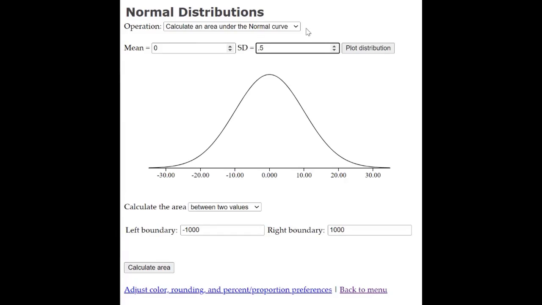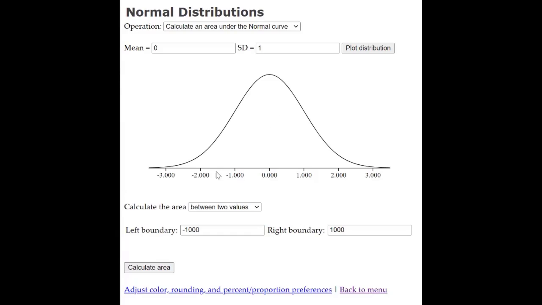If I were to put a smaller standard deviation, I would have more of the curve between negative 1.5 and 1.5 in this case, or if I just had the regular one, negative 3 to 3. And so these would actually look taller and steeper, higher and narrower. So that statement is also true.